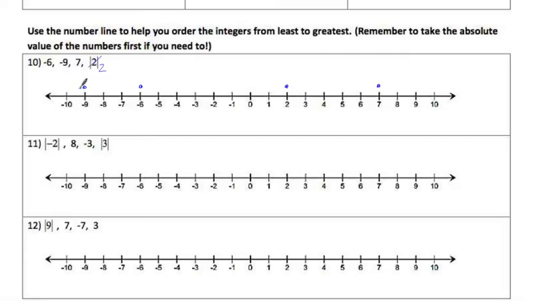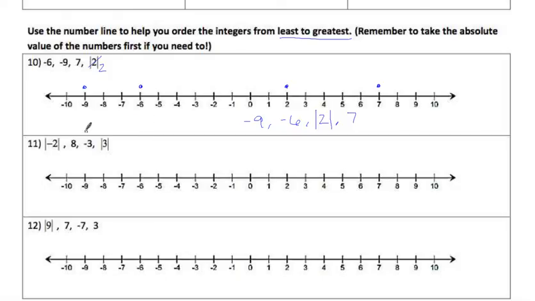So when I order this from least to greatest, my least number would be negative 9, then negative 6, then 2, and then 7. Please remember you always put it back into its original form, so this should really be the absolute value of 2 because that's how it's given to us.